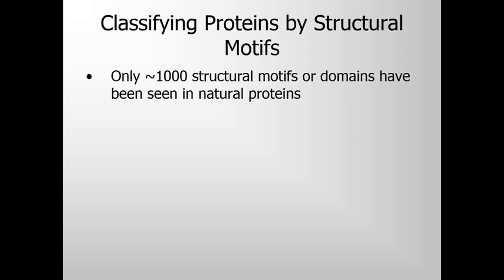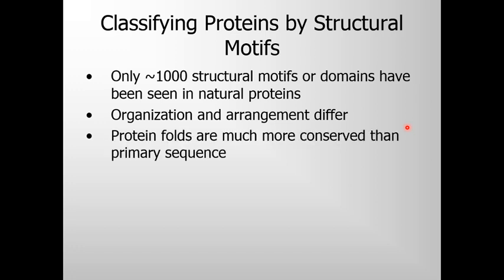Proteins can be classified by structural motifs. Only about 1,000 structural motifs or domains have been identified in natural proteins. Their organization and arrangement, however, differ. Protein folds are much more conserved than protein sequences.